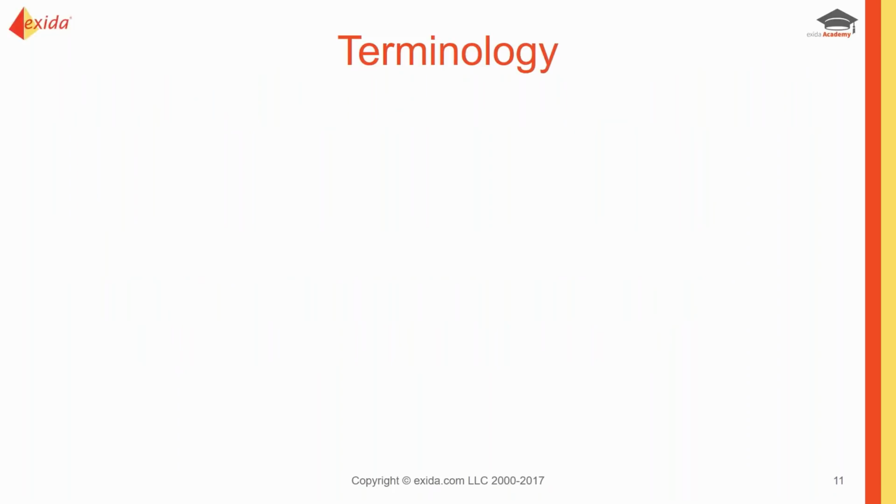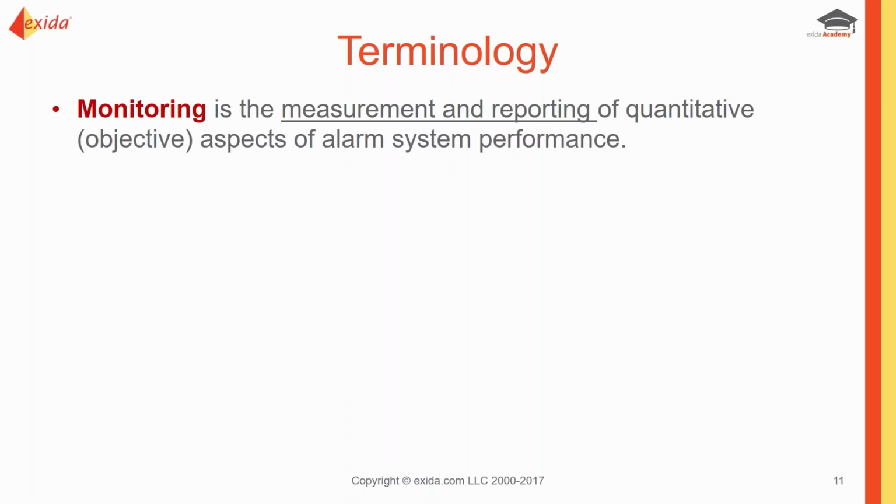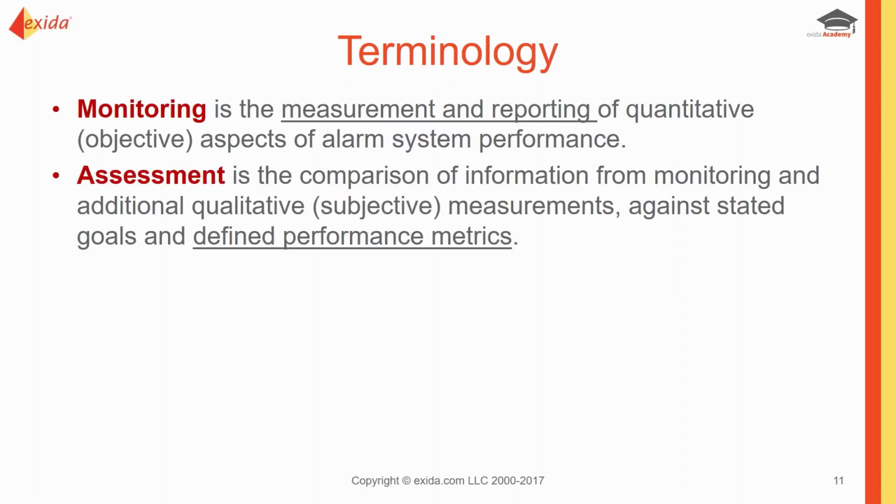Now let's talk a little bit about terminology to make sure it's clear what we're doing and the differences between an initial benchmarking and an ongoing monitoring and assessment. So monitoring is actually the measurement and reporting of your alarm system performance. So it's purely the measurement portion of your quantitative elements. Assessment is the actual evaluation of those measured performance metrics against the KPIs or the target metrics that you've defined.